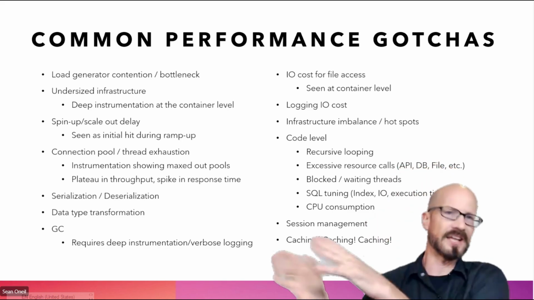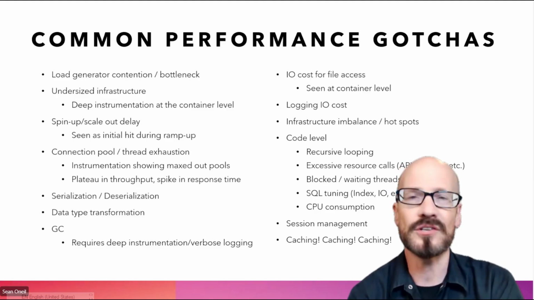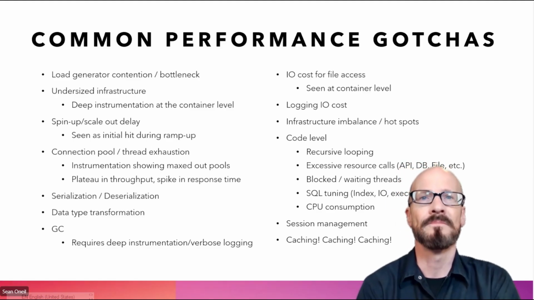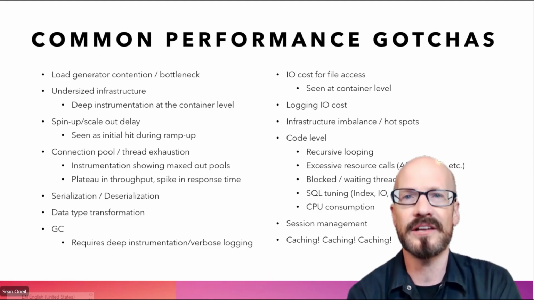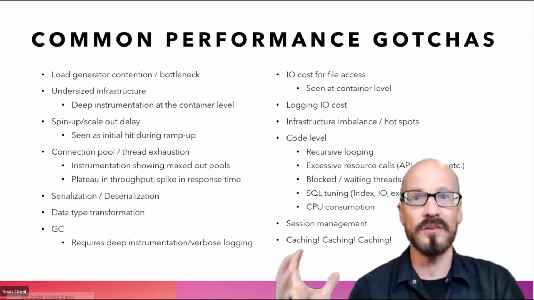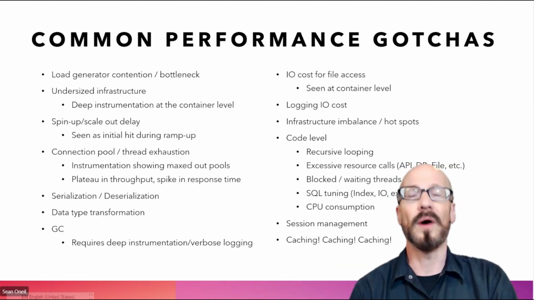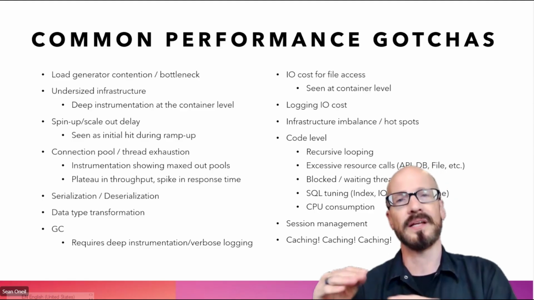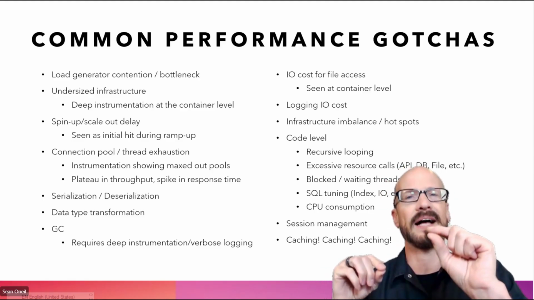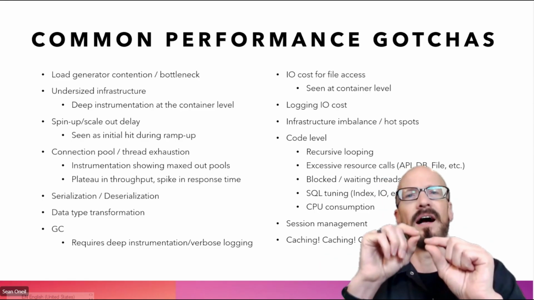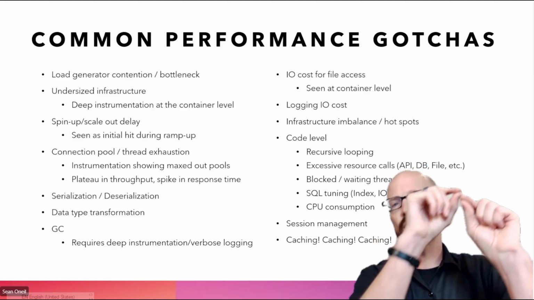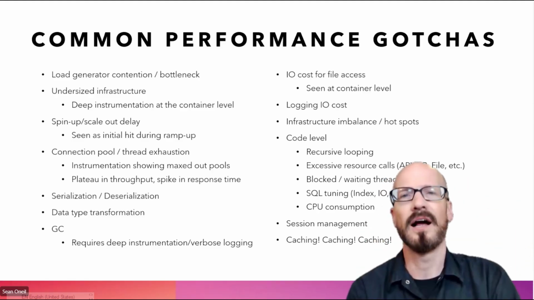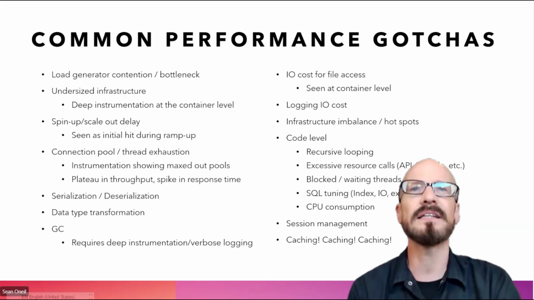But put that aside for a second. These are some other things to watch out for. So obviously, undersized containers, undersized infrastructure in general. What you want to be able to do is add capacity, add transaction volume, and once again, see that beautiful linear one-for-one tracking.